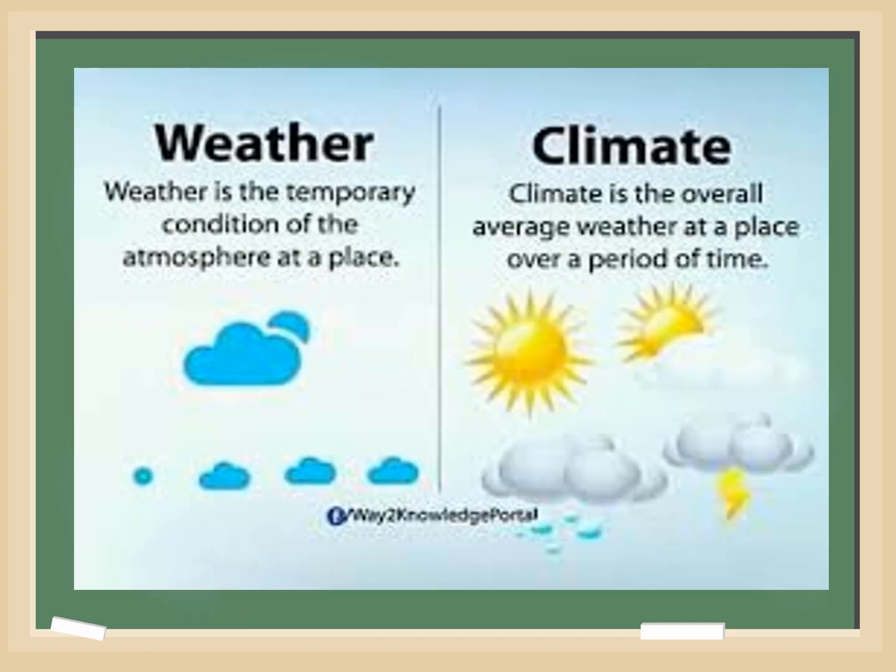Before we go further, let us first differentiate weather from climate. Weather is the temporary condition of the atmosphere at a place. Weather always changes from time to time, hour by hour, and it depends on a certain location.